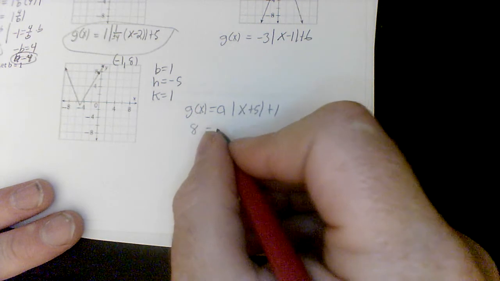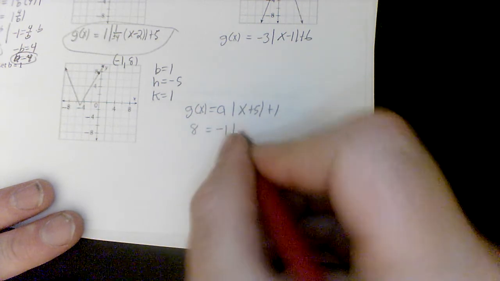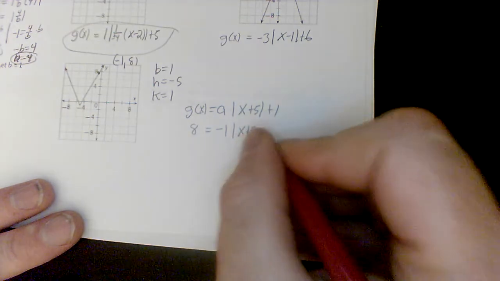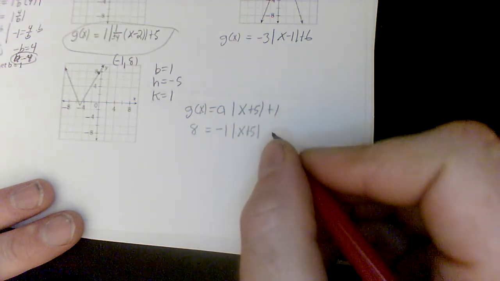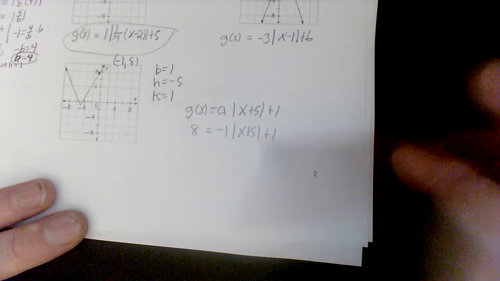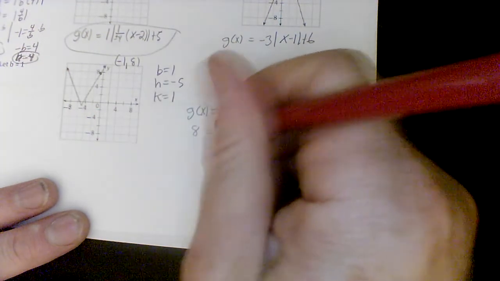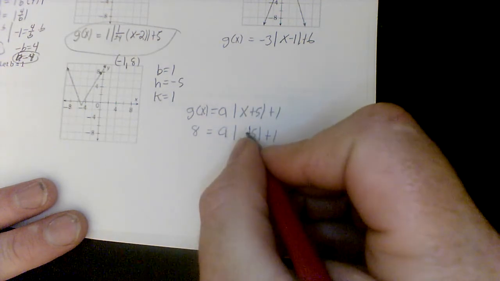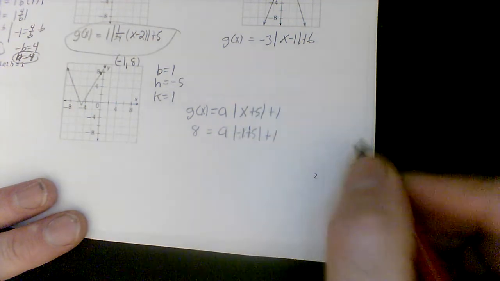Equals what? Negative 1 times x plus 5, and then plus 1. Oh, what am I doing? Let's get rid of that. I wasn't supposed to plug it in for a, was I? I was supposed to plug it in for x.